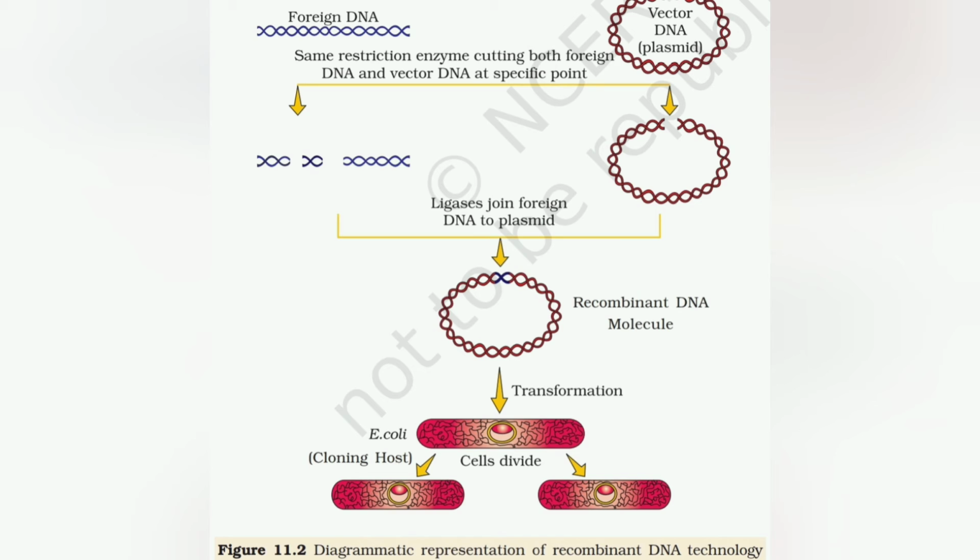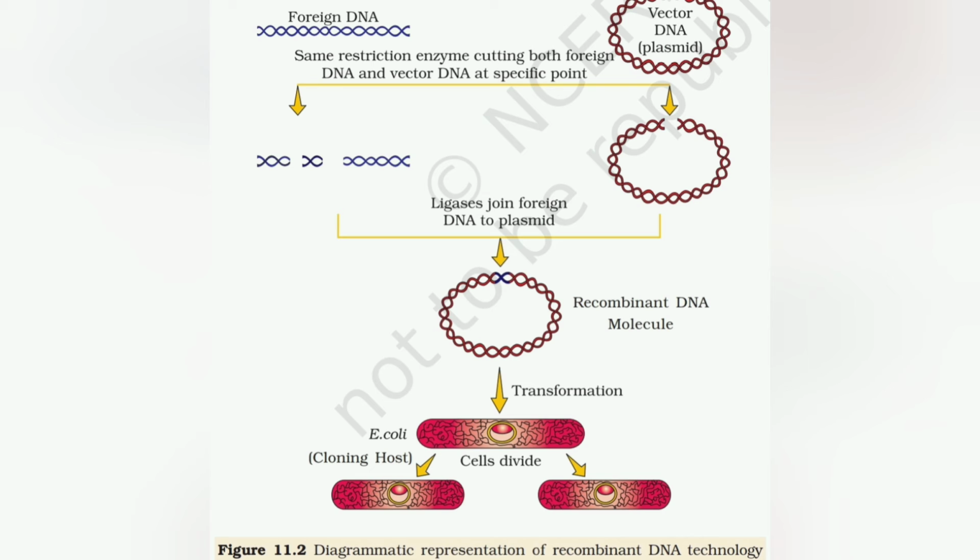Here is the diagrammatic representation of how the recombinant DNA technology occurs. Foreign DNA is cut with the enzyme, same vector DNA is cut with the same enzyme. So same ends are produced. That small in-between portion is now ligated with the bigger vector DNA.